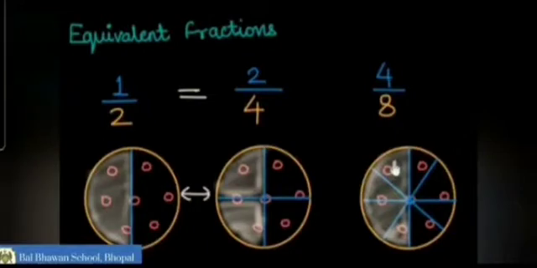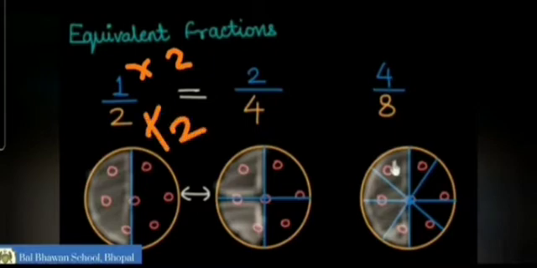Now let us talk about this equivalent fraction. Here they have given 1 upon 2, 2 upon 4 and 4 upon 8. Let us see whether these all are equal or not. 1 upon 2 when multiplied by 2 in the numerator as well as in the denominator, we will get a new fraction which is 2 upon 4.